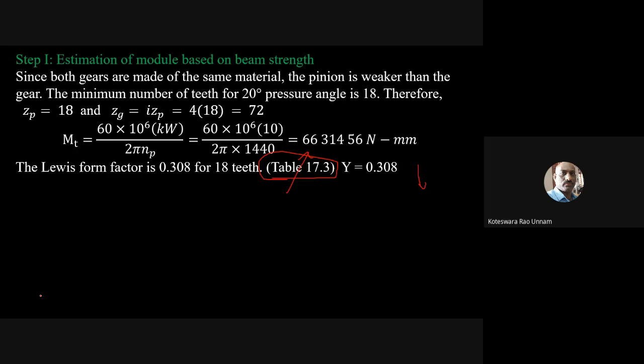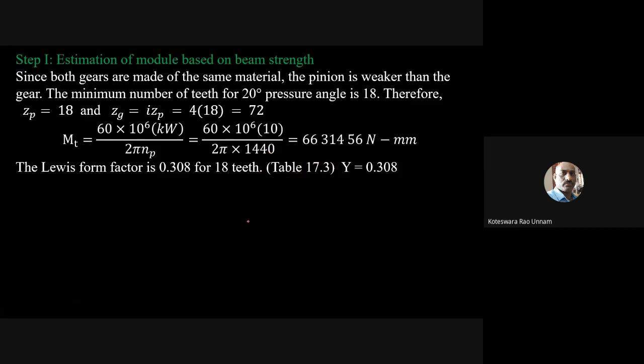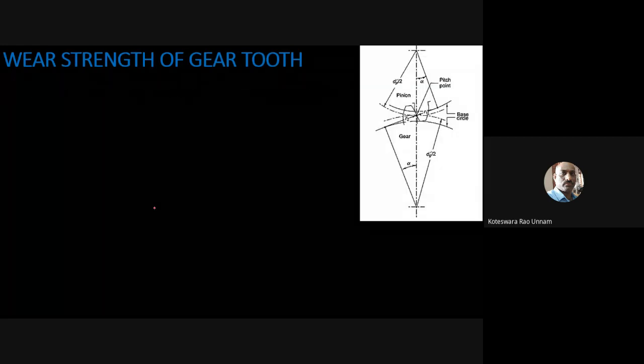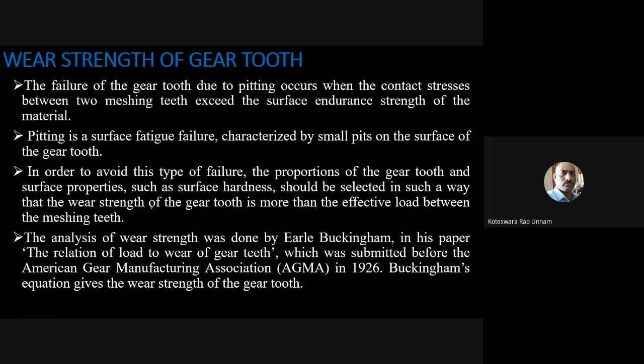So నేను ఏం చేశానంటే ఈ ప్రాబ్లంలో, I assume that I have taken this value from the table. I think I have shown you the table. Okay, I'll show that again. So you have a table something like this. ఇంతకుముందు క్లాస్ ఎప్పుడైనా చూపించాను నేను అది మీకు, Lewis form factor values.